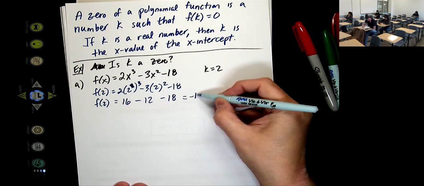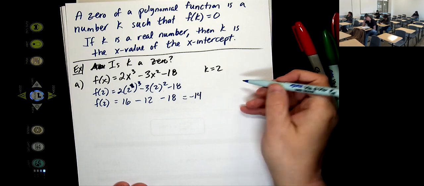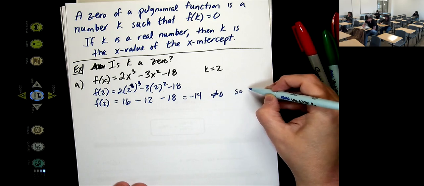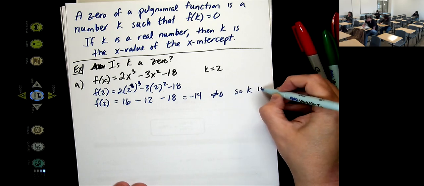Getting negative 14, which is not 0. So k is not a 0.